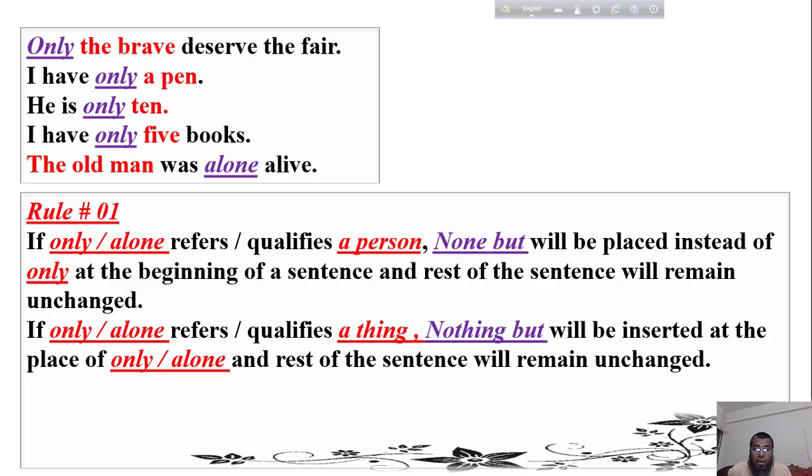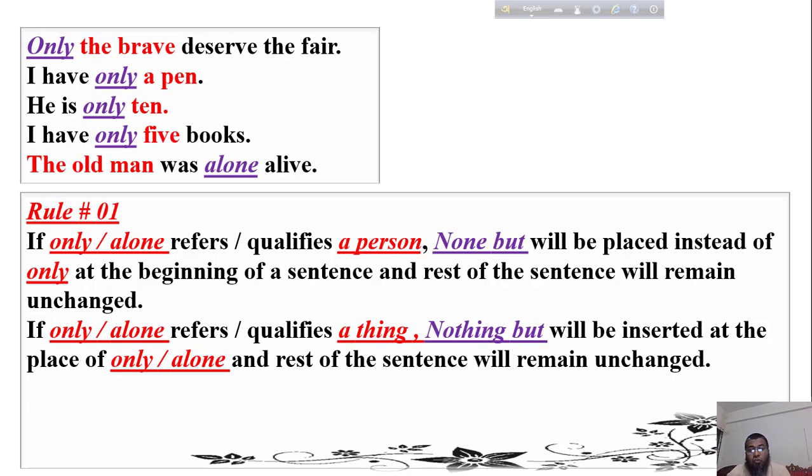The second thing is: if only or alone refers to or qualifies a thing, যখন only কোনো বস্তুকে বোঝাবে, then we must use nothing but. What? Nothing but. Where?